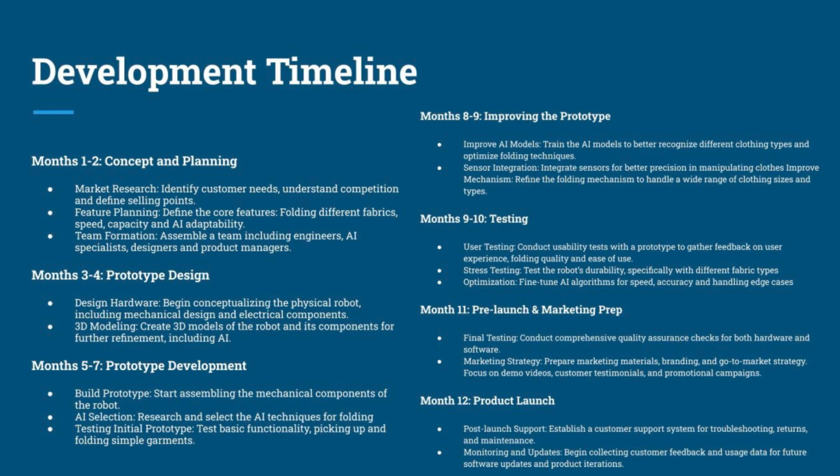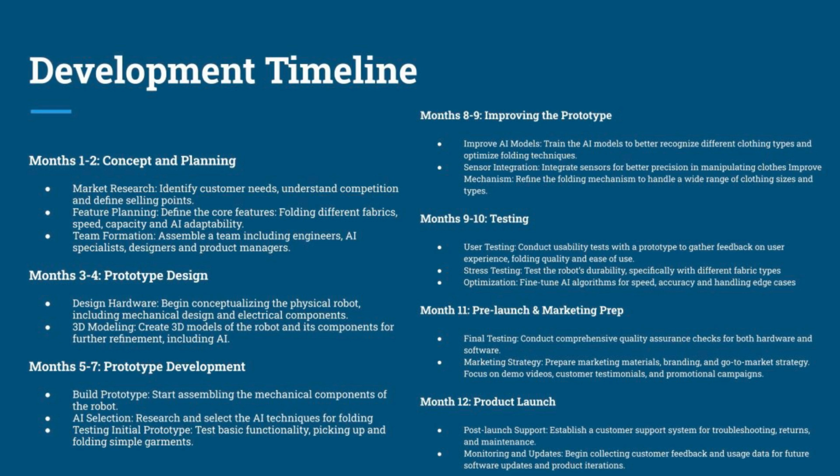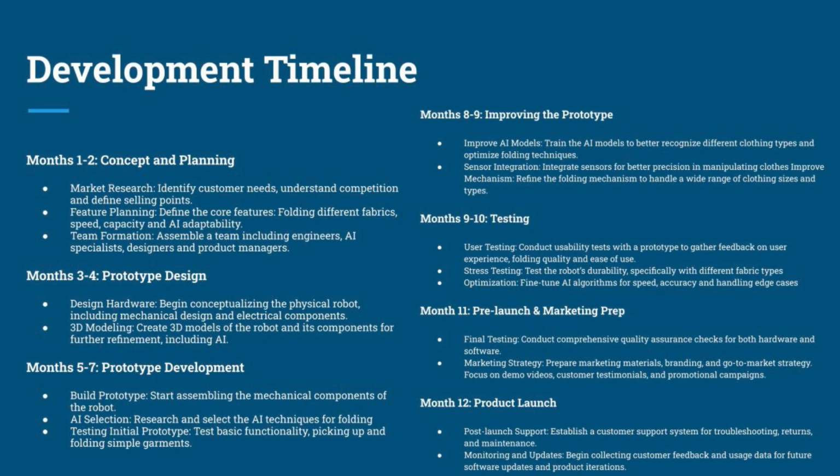We took into account user testing, stress testing, and optimization. In month 11 is where we did our pre-launch and market prep. Here is where we did final testing and we developed a marketing strategy. In month 12, we finally launched the product. Ever since then, we have been keeping up with post-launch support and monitoring as well as pushing out updates whenever necessary.